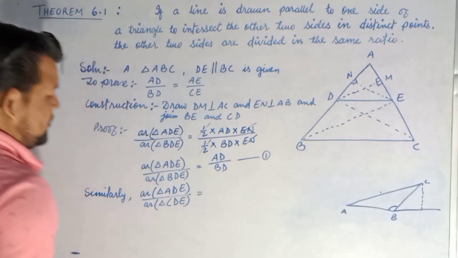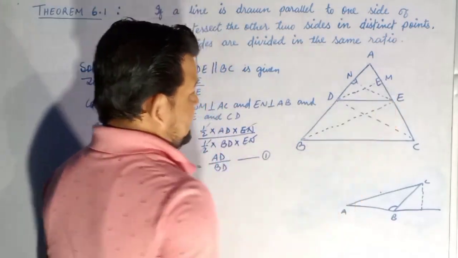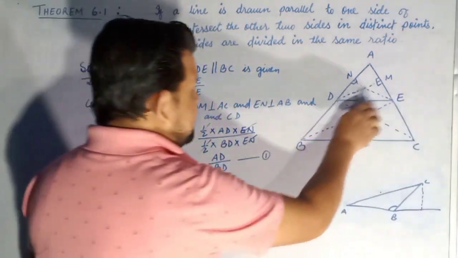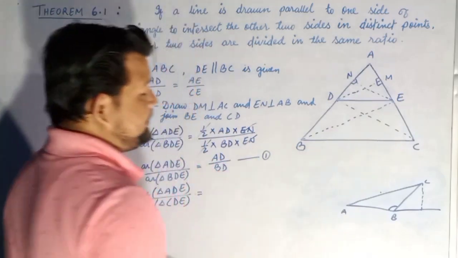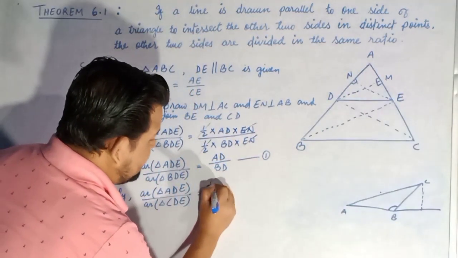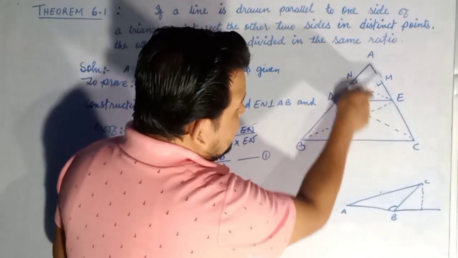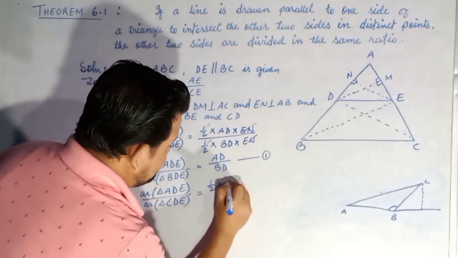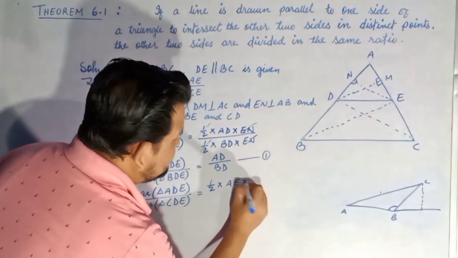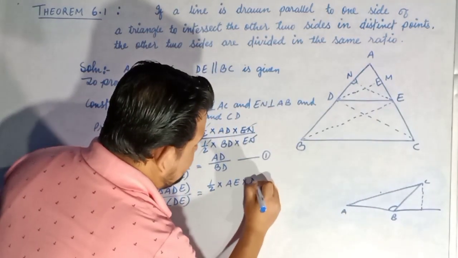Same thing, now we will use DM is the height here. If DM is the height, then we know A is the base here. So now let us write it. Area of triangle ADE is equal to half into base. So which one is the base? AE is the base here. So AE into height. So which is the height? DM is the height here.